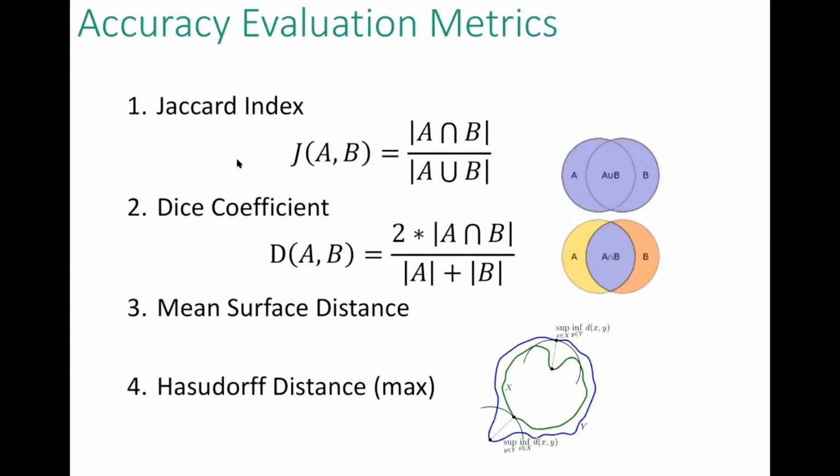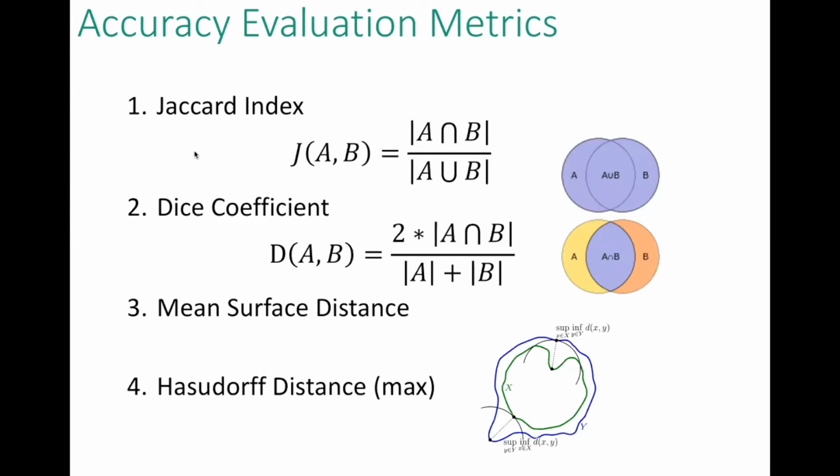Okay, but of course, eyeball norm is not the best way to judge this. So we have several accuracy evaluation metrics that we like to use. These are pretty popular for use in cell segmentation. One is the Jaccard index, which is basically the intersection of two sets over the union of two sets. So that would look like this. A Jaccard index of 1 means they are completely overlapped, and a Jaccard index of 0 means that they are completely disjoint.